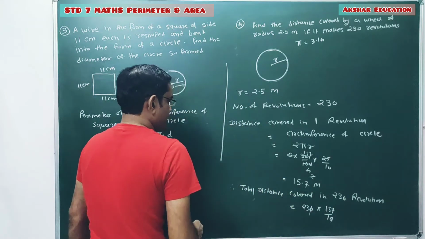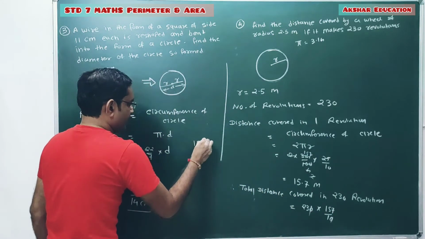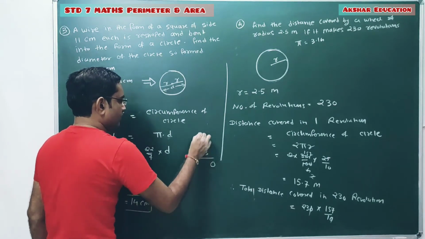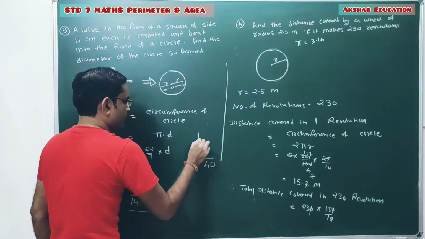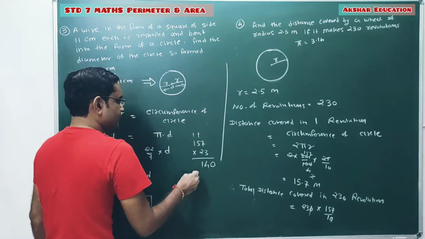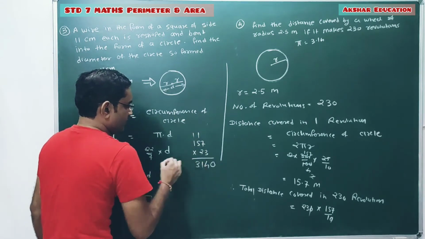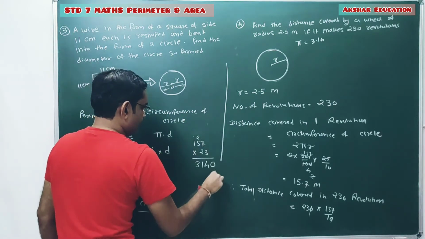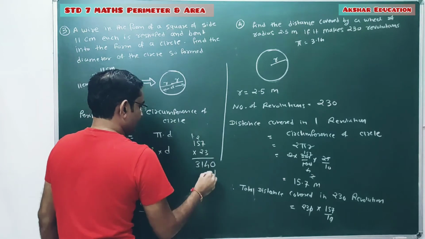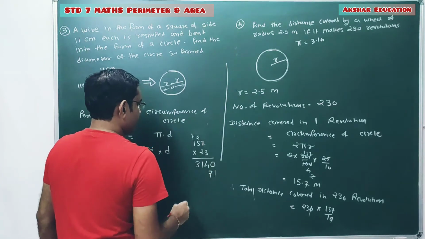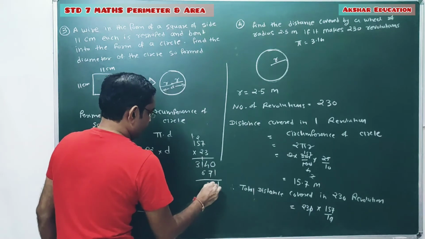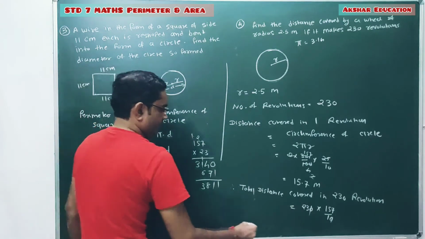Cut the zeros and multiply 157 with 23. 2 7s are 14, 2 5s are 10 plus 1 is 11, 2 1s are 2 plus 1 is 3. Now 3 7s are 21, 3 5s are 15 plus 2 is 17, 3 1s are 3 plus 1 is 4, so 1 8 and 3.